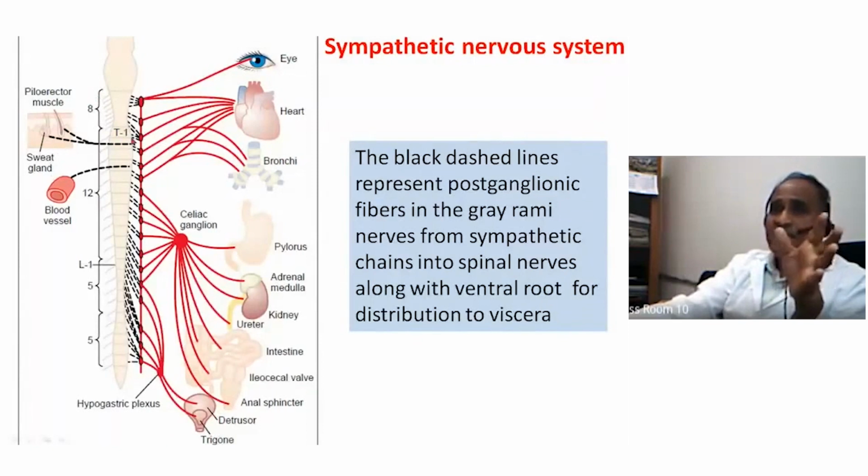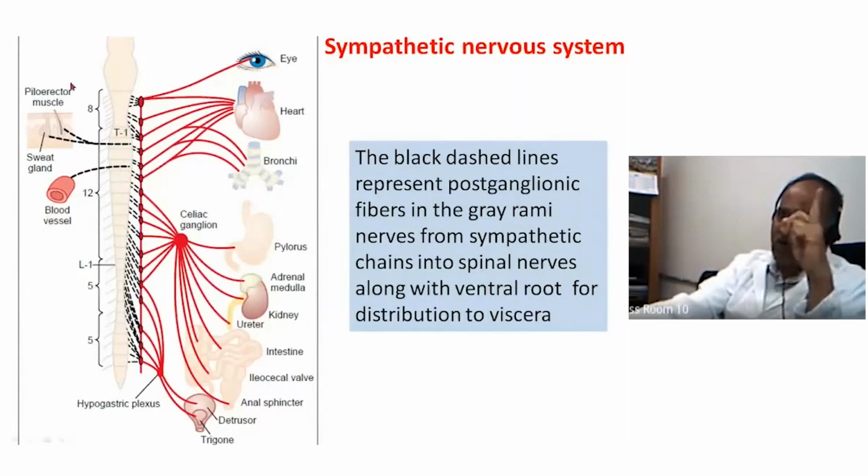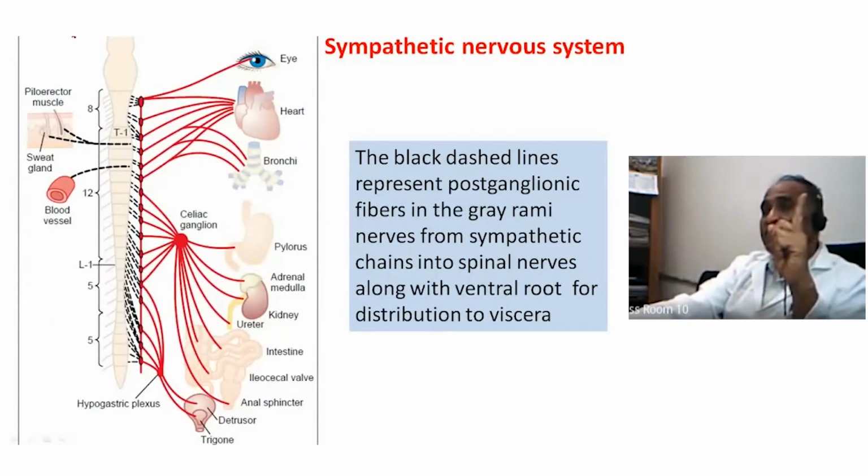On this side, the fibers supply the piloerector muscle. The piloerector is a muscle that makes the hair project. That means erection of the hair. Then it will also supply the sweat gland, and this one is a cholinergic fiber. Then it will supply the blood vessels of the entire body.